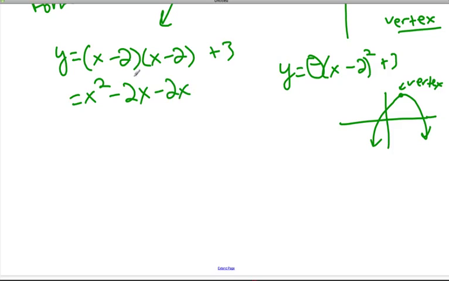Minus 2x, minus 2x, plus 4, plus 3. And we simplify that out once more: x squared minus 4x plus 4 plus 3, which is plus 7.